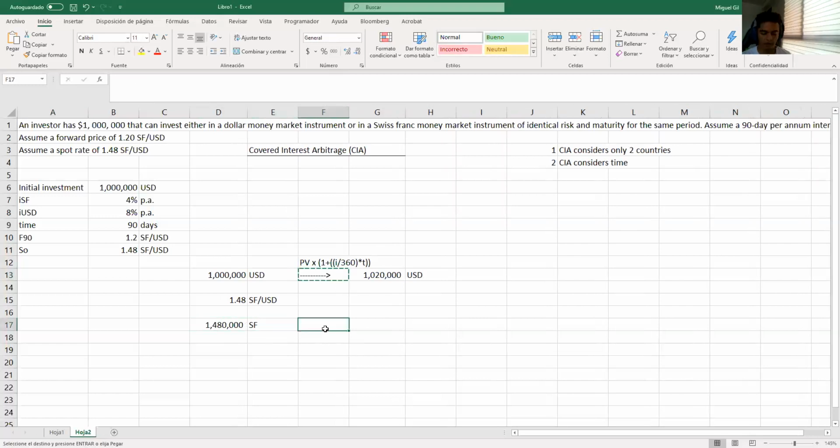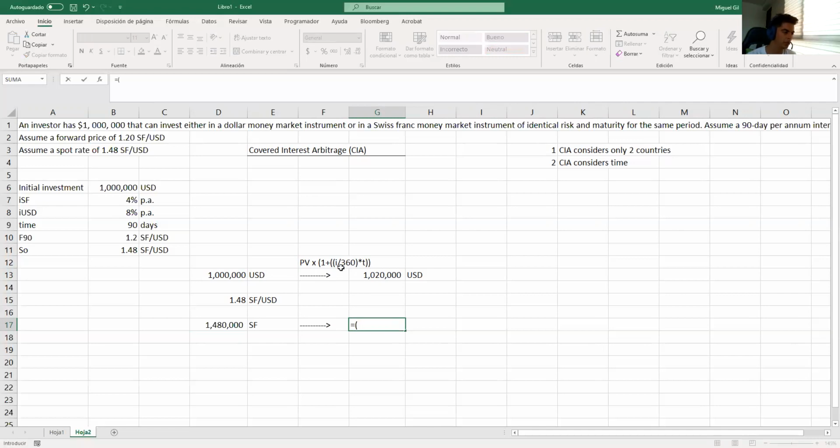Then the next step will be to invest in Switzerland. So we are going to use the same formula, but now with the Swiss rate, okay? So let's use the formula. The present value times 1 plus the interest rate of Switzerland, which is 4%, over 360, times the days, which are 90.